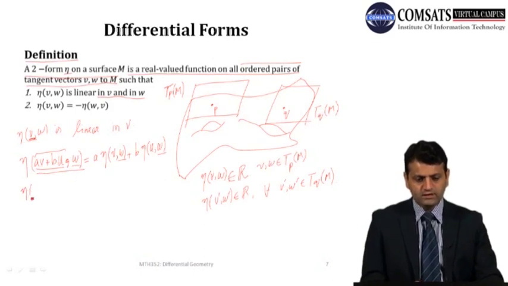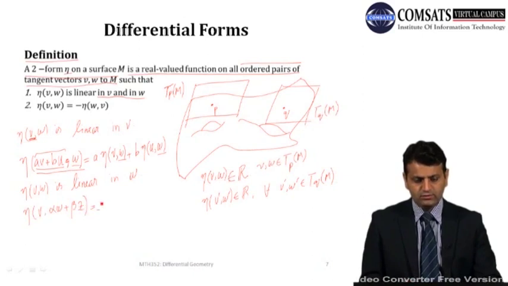Similarly eta VW is linear in W. So what does this mean? This means that V अब fixed रहेगा हमारे पास, और let's say alpha W plus beta Z, eta of that is equal to alpha into eta VW plus beta into eta VZ.